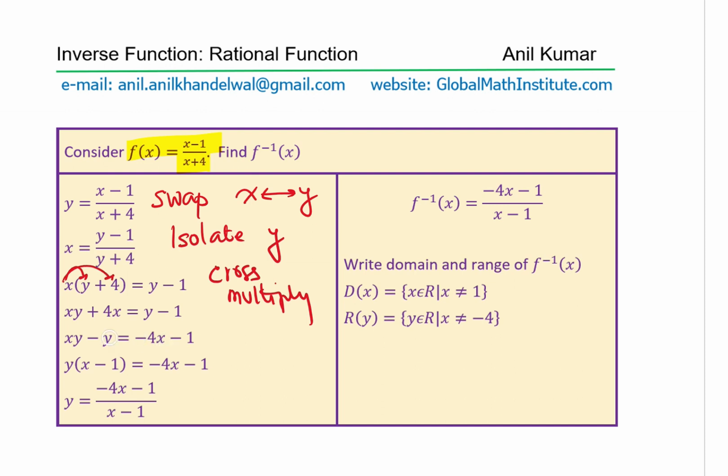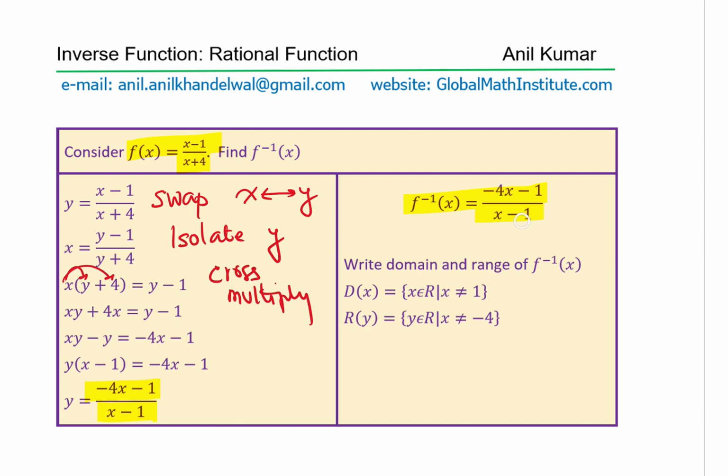And then we simplified by bringing y to the left-hand side, taking it as a common factor and then dividing by x minus 1, we get the inverse of the function in the form minus 4x minus 1 over x minus 1. So here is the inverse of the function, which is minus 4x minus 1 over x minus 1. Correct? So that is how you find the inverse of the function.